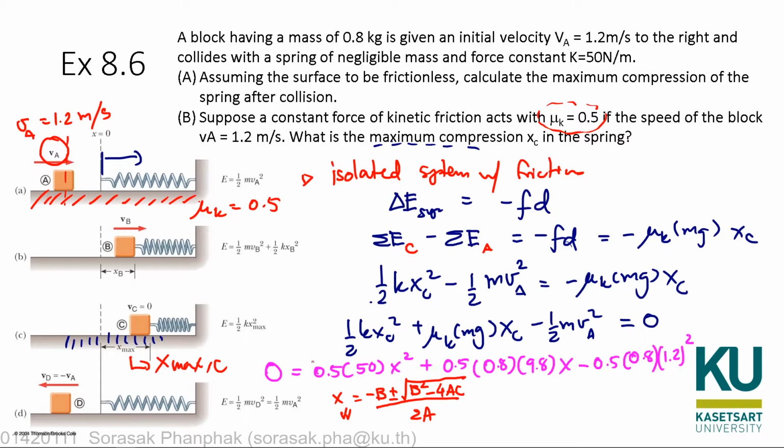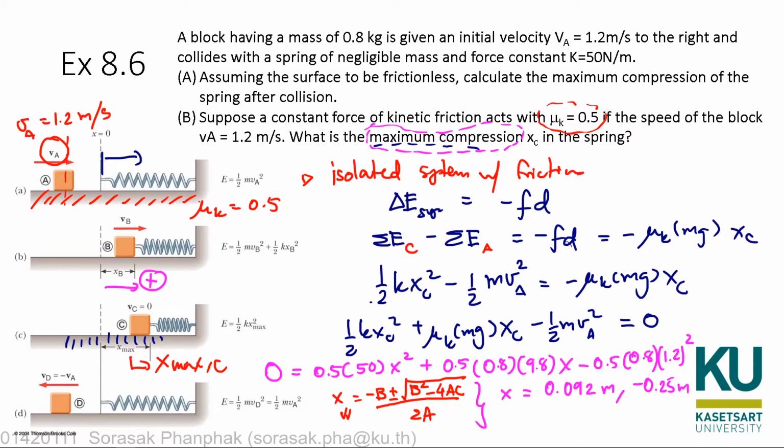As a quadratic, you can solve this problem, and finally you will have two values. Your x, which is the maximum compression, may be equal to 0.092 meter or minus 2.5 meter. What does this mean? If you would like to determine the maximum compression, you want the plus sign.